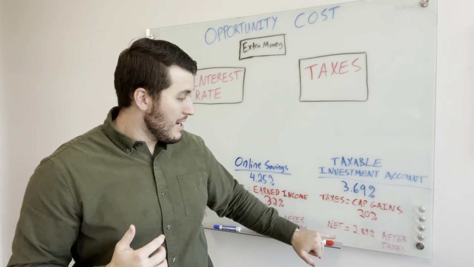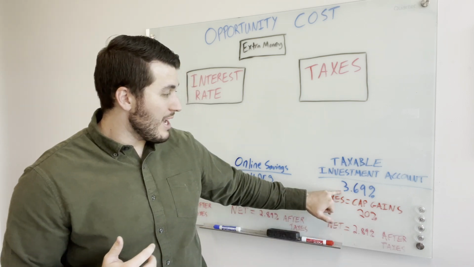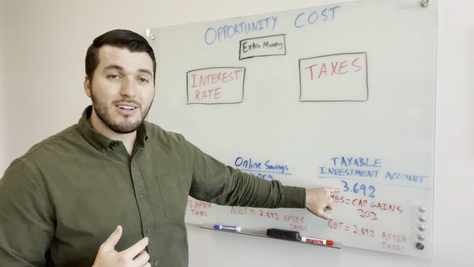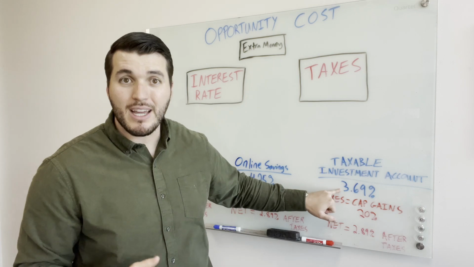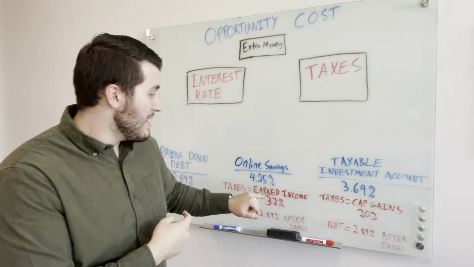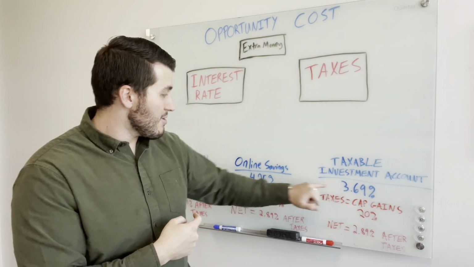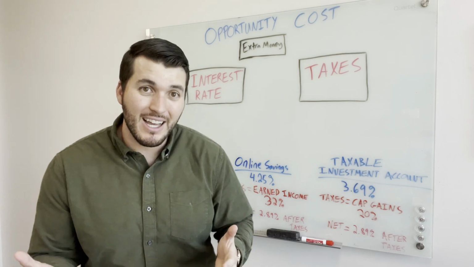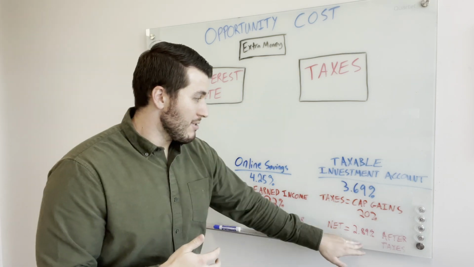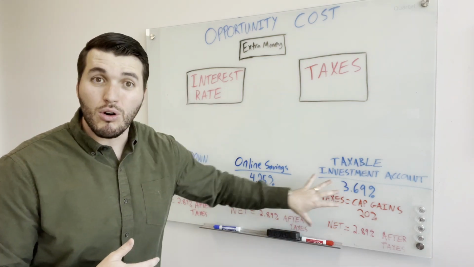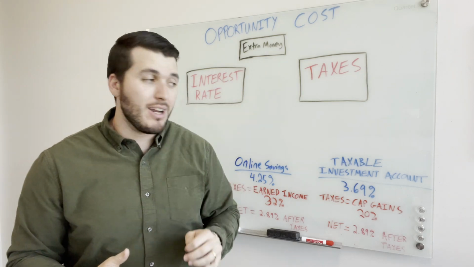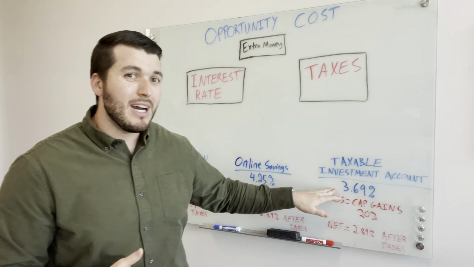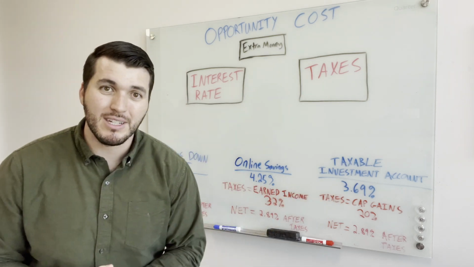Therefore, to get that 2.89% after taxes, we only had to earn 3.69% in our investment account. So although we're earning less interest and we're getting taxed less, these are all kind of equal when you look at it in that regard, right? We don't have to earn even as much because we're getting preferential tax treatment in the investment account.